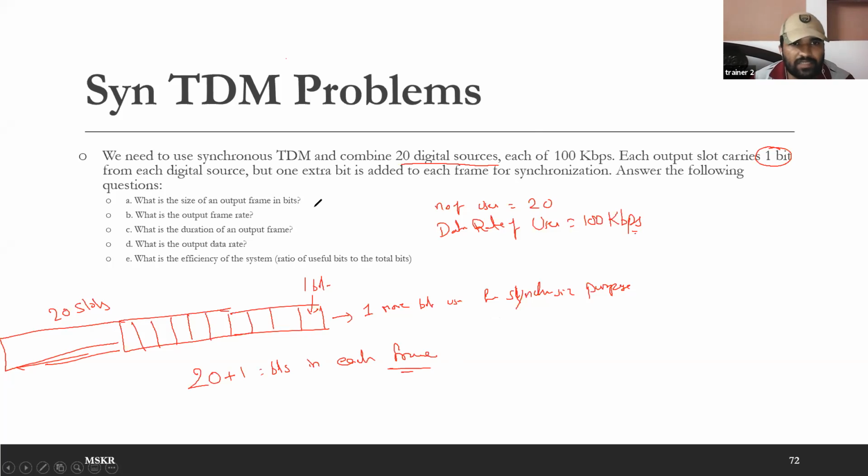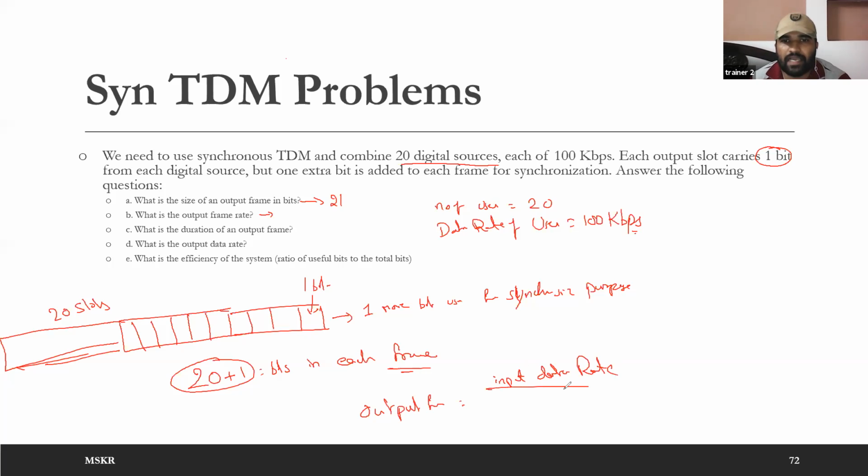What is the size of an output frame in terms of bits? That we just solved. The answer is 21. What is the output frame rate? Output frame rate is equal to input data rate by number of bits in each slot.